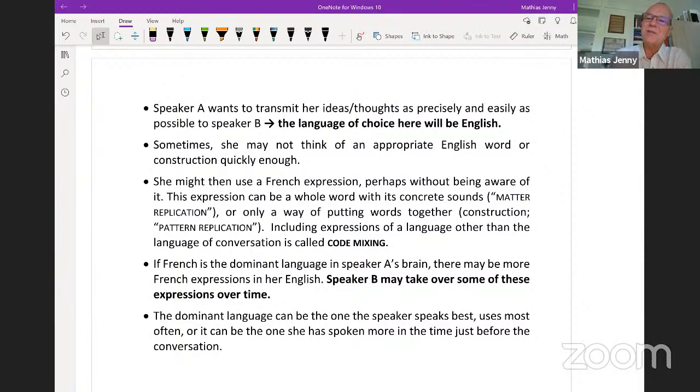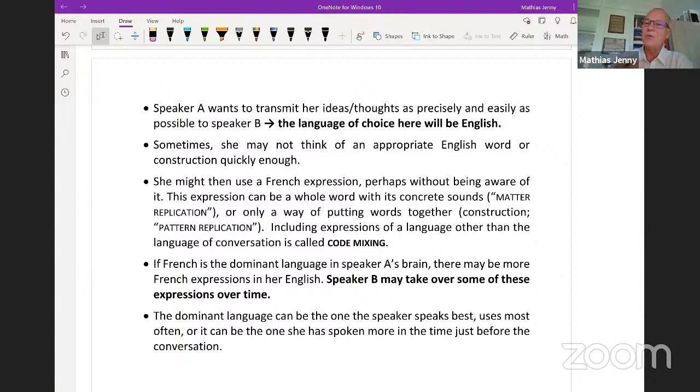Now, sometimes speaker A, when speaking English, may not be able to think of an English word in time. You know, when you speak, you don't really have much time to think about how to say it. Speaking is very fast. You form the ideas in your brain, and then you give the orders to the muscles for articulation.